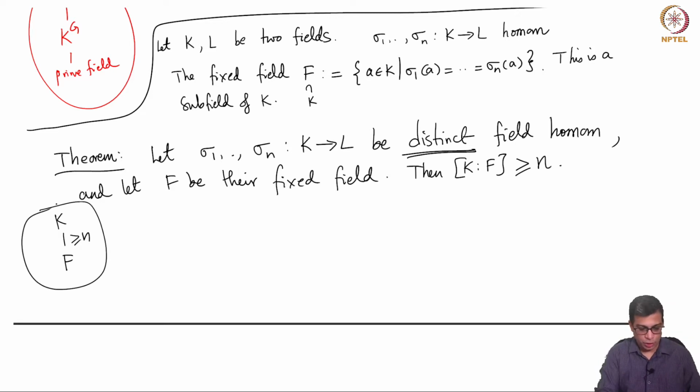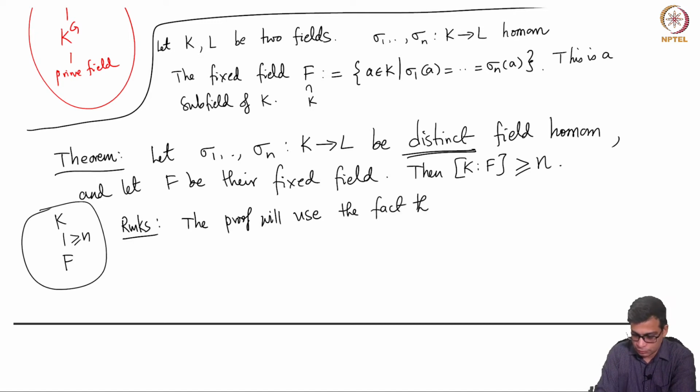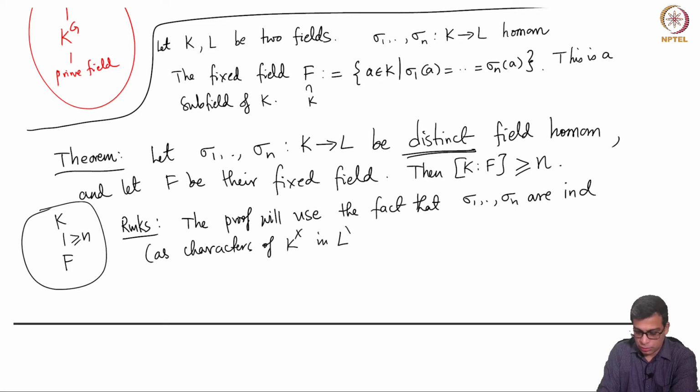Before I start the proof, just a few remarks. The proof will use, very importantly, the fact that sigma 1 through sigma n are independent. Remember, they are characters from K cross to L cross.